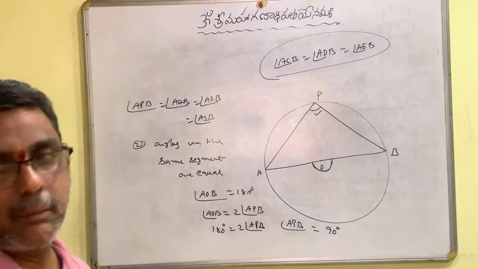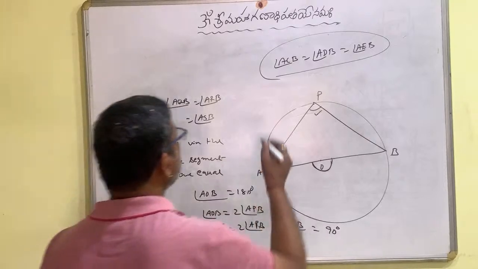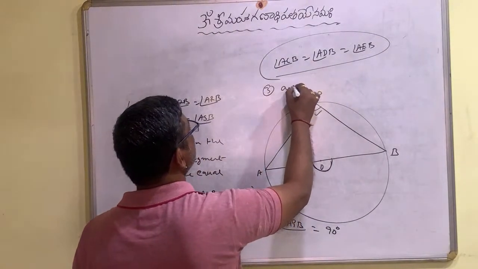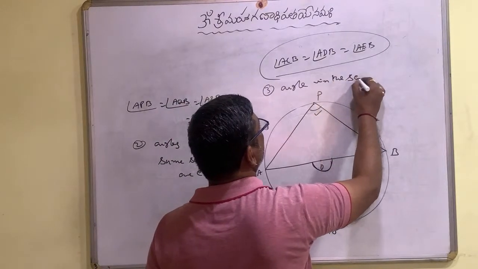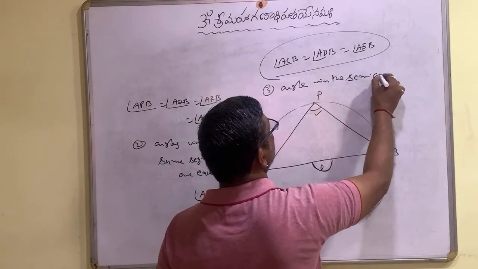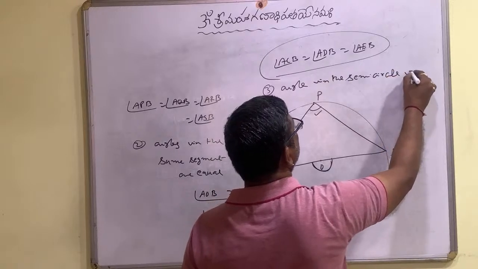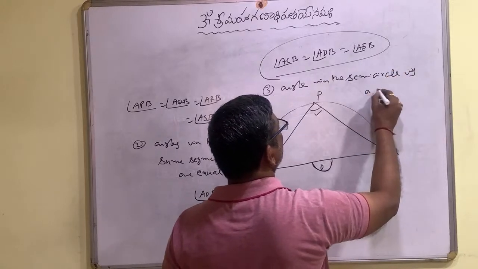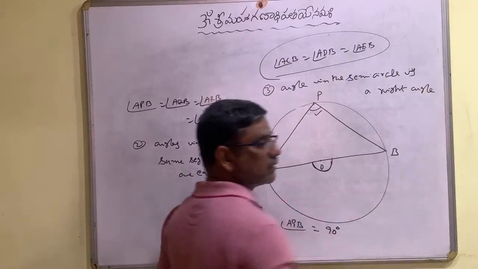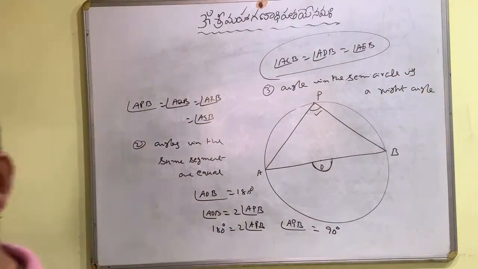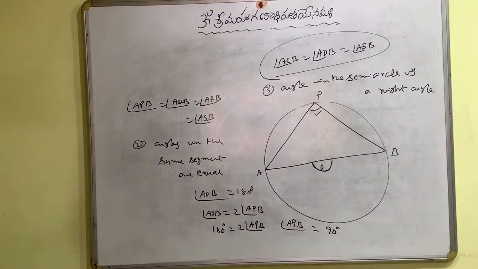So, the third property is: angle in the semicircle is a right angle. Angle in the semicircle is a right angle. This is the third property.